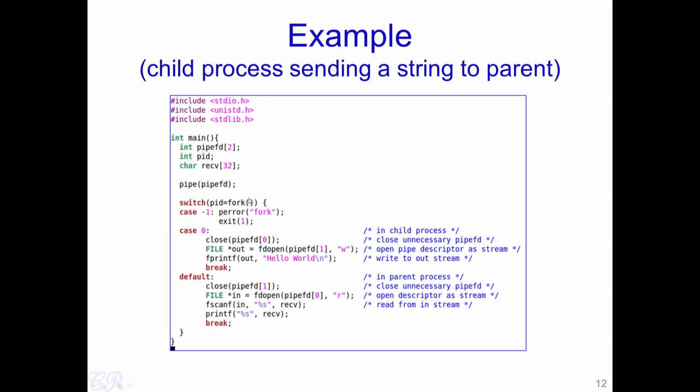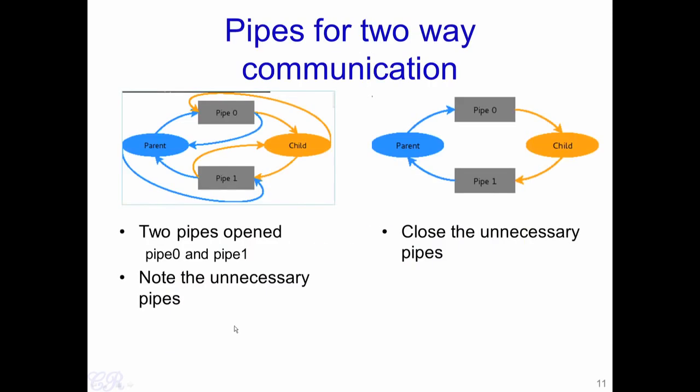Now, the parent process would execute over here, because fork returns a value which is greater than 0. So, we are closing the write pipe and opening, using FT open, the read pipe. We are then using fscanf to read whatever has been pushed into the pipe, in this case hello world, and printing it to the screen. So, essentially, what we have implemented in the program is this lower part.